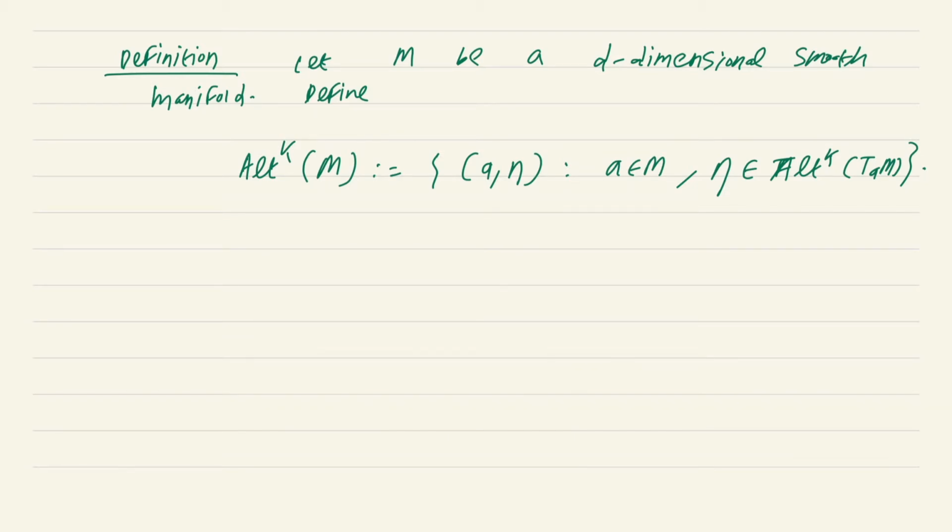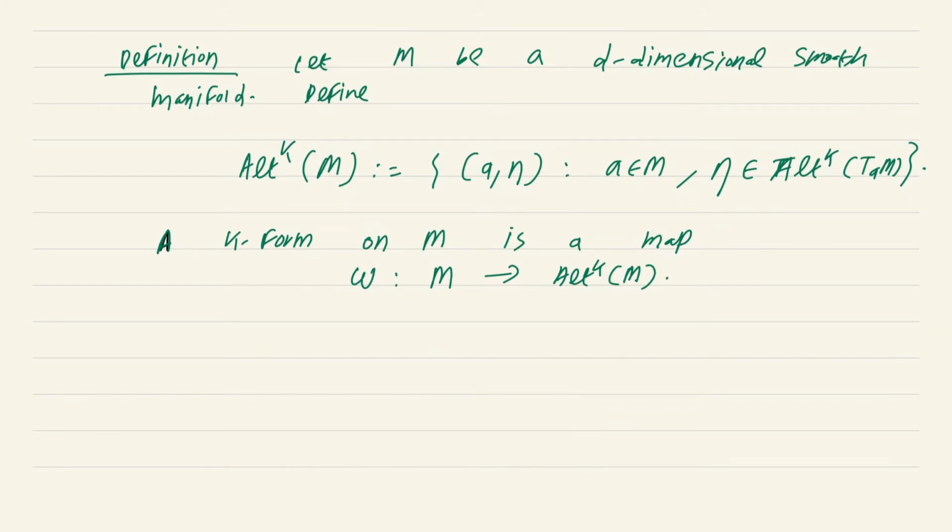Now remember, I have repeatedly emphasized that a differential form assigns to each point a of the manifold an alternating k-form that lives and feeds on the tangent space. So the definition should not be surprising. A k-form on M is a map omega from M to Alt^k M. That's it.